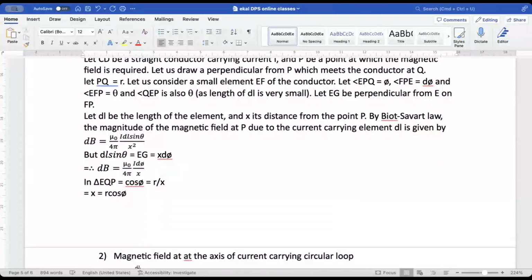Using this value in the above relationship.